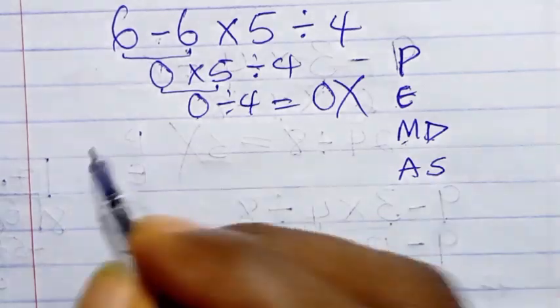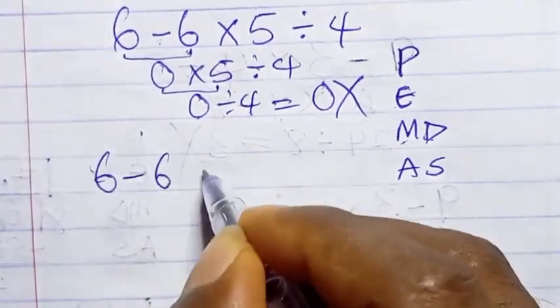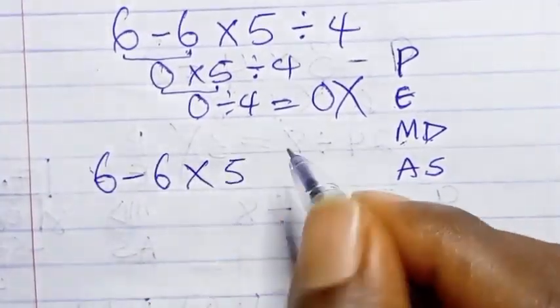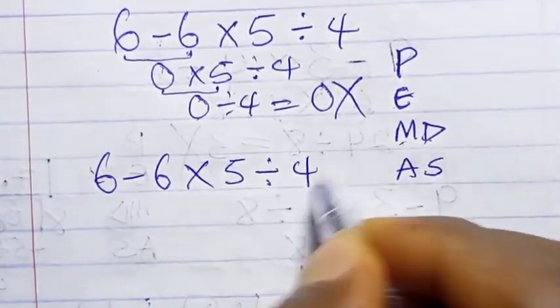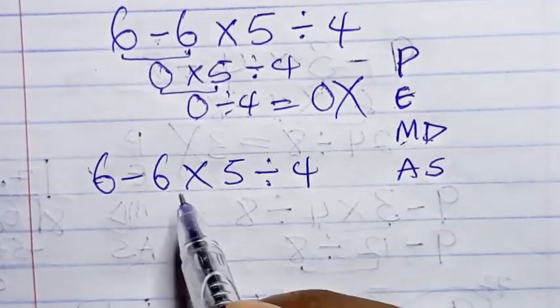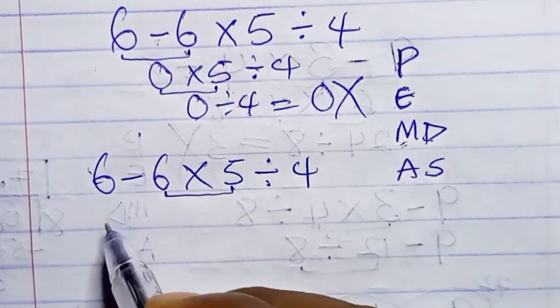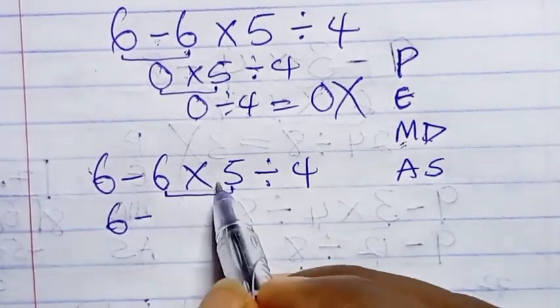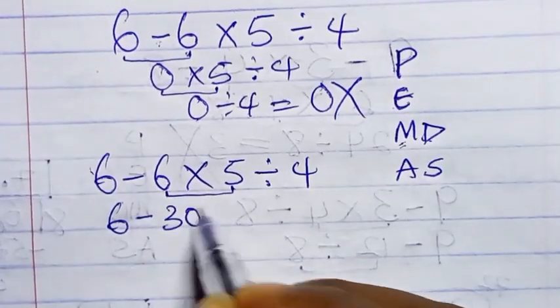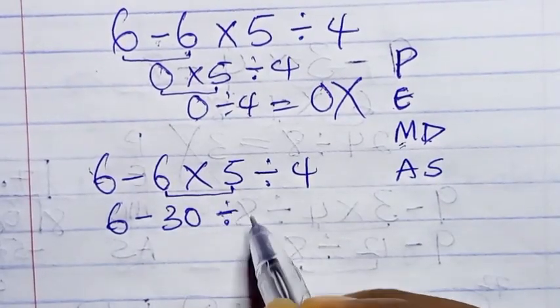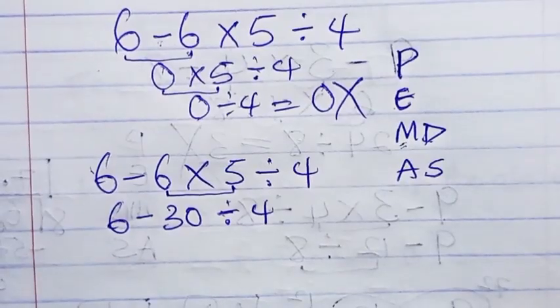So we have our 6 minus 6 times 5 divided by 4. Now we are going to do the multiplication first because that's the rule of PEMDAS. So 6 times 5 will give us 30, divided by 4. Alright.